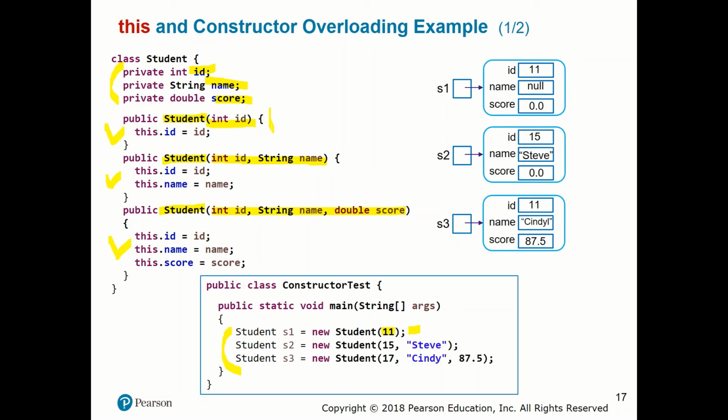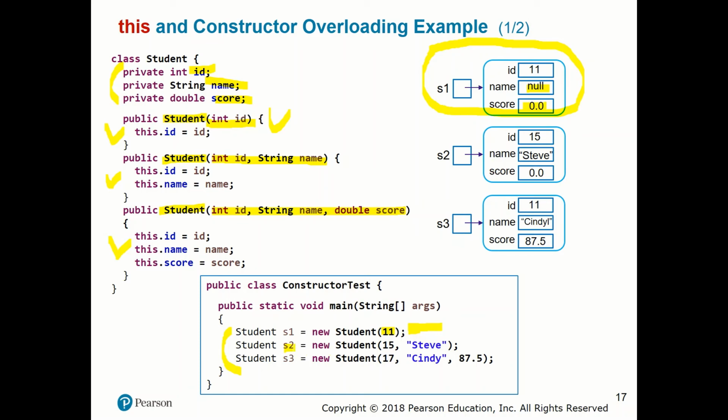So the computer knows that this constructor will be executed in this Student 11. Okay, so this object is created. ID is 11 and there is no name, so null. This is just initialization with null. And the double score, double also does not have any data, so it has 0.0 as its default value.